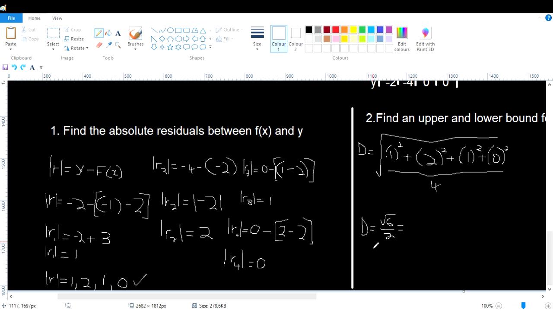Okay, therefore D is equal to root 6 over 2, which is greater than or equal to C maximum, which is greater than or equal to, and here we are going to take the greatest residual.